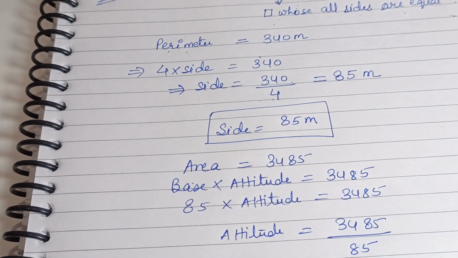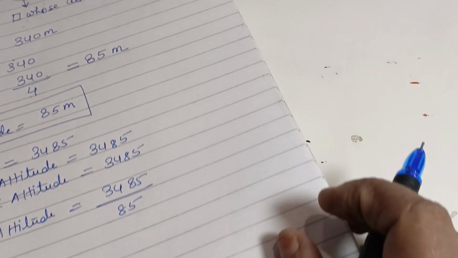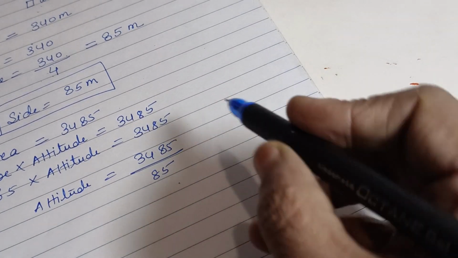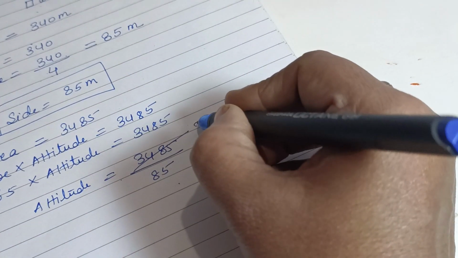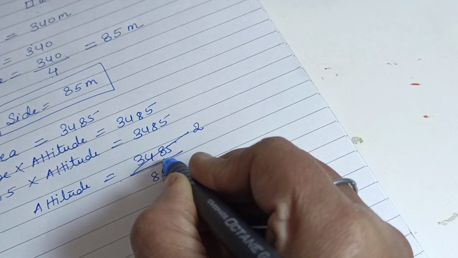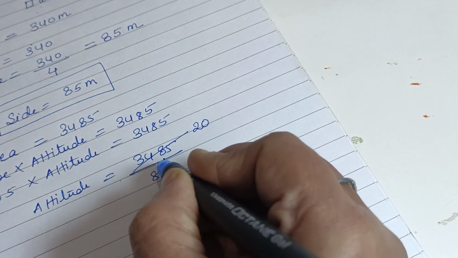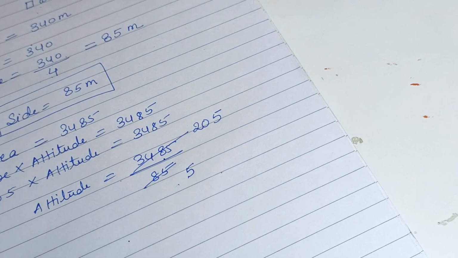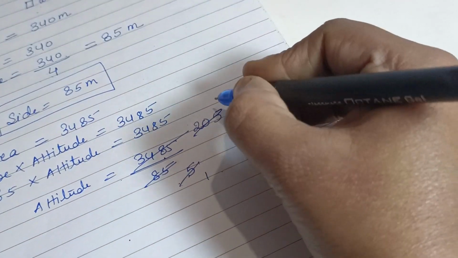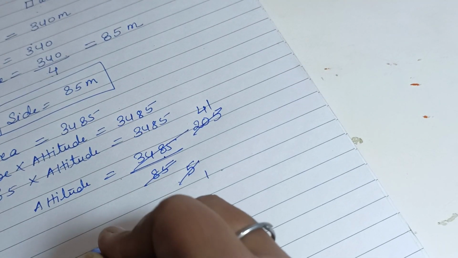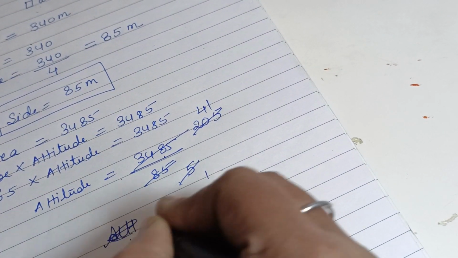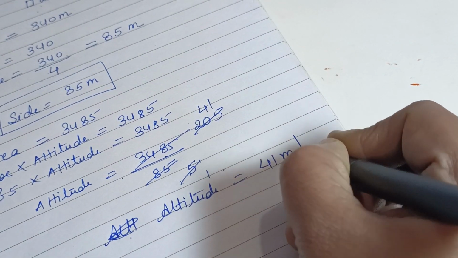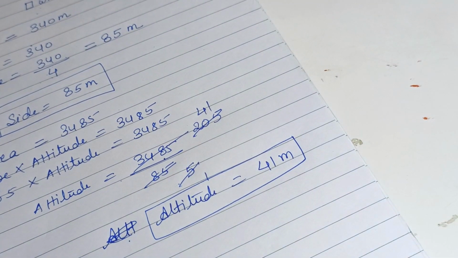Now if you see a little wisely, if you are very good in the table, so you will be able to understand this, that both of them are divisible by 17. Okay, 17 ones are 17, 17 twos are 34. Now this 8 is not divisible by 17. So put the 0. 17 fives are 85. 17 fives are 85. In the denominator also it will come. Then 5 ones are 5, 5 fours are, and 5 ones are. So in that way you got the altitude equals to 41 meter. So in this way, in 2 steps, you got the answer.